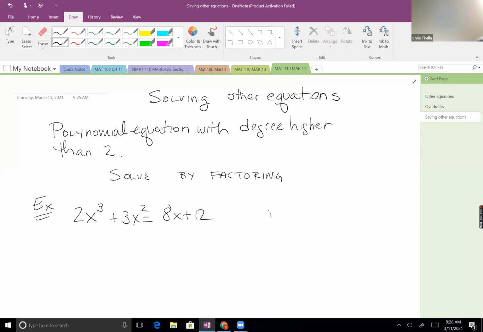So we're going to start by making one side 0. We want to put the other side in descending order. Because remember when we were factoring, we had said it was easiest to factor if we had things in descending order.